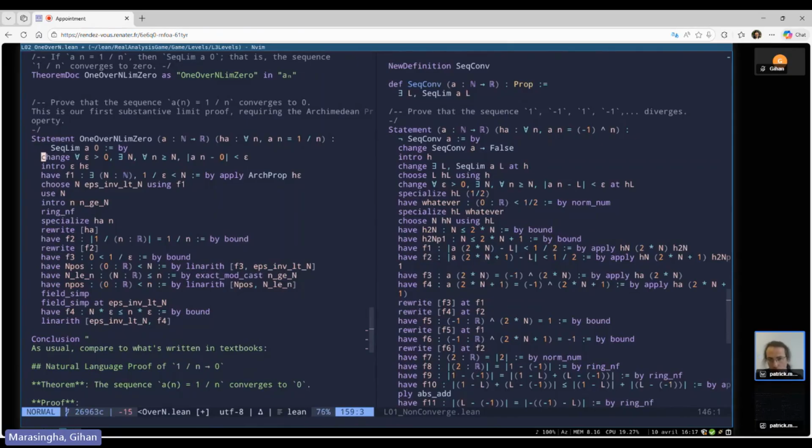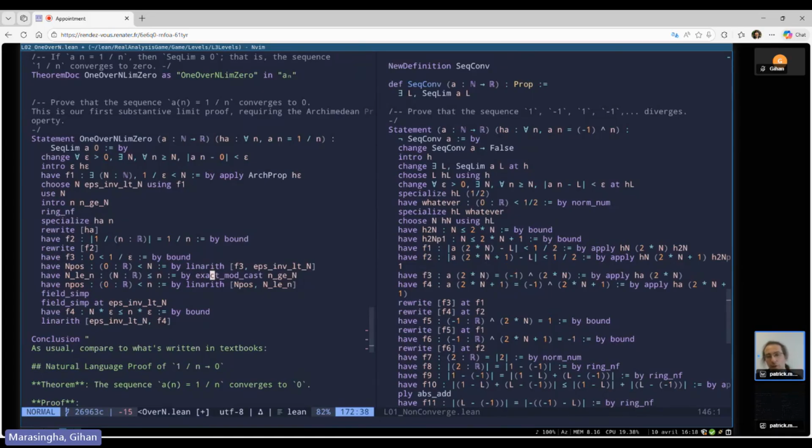And so the Lean script on the right is using change, intro, lots of have, the choose tactic, the specialize tactic, lots of have, bound, linarith, exact mod_cast, which is handling the going from the natural number capital N being less than the natural number lowercase n to the same thing for real numbers.